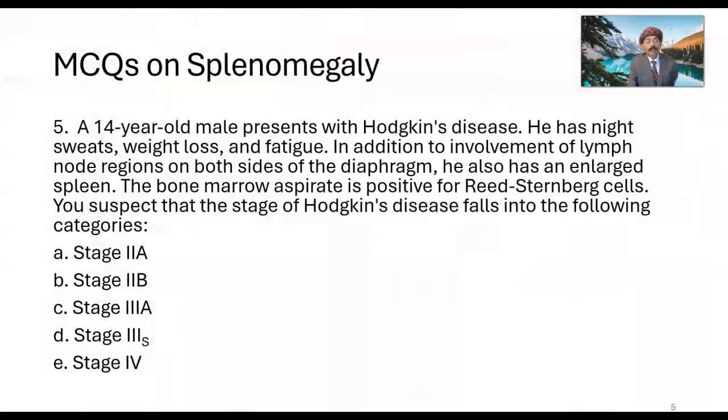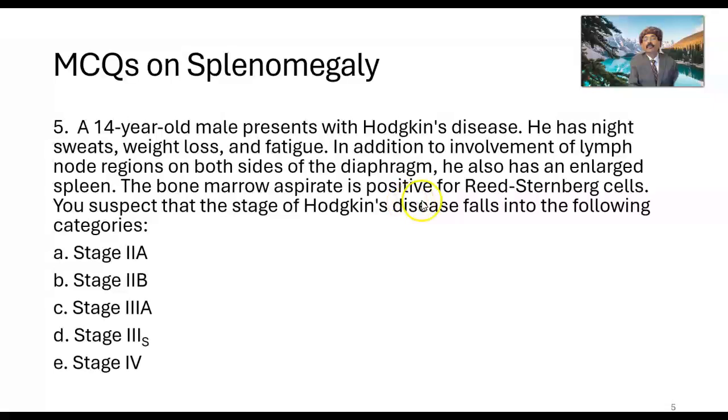Okay. Question number 5. A 14-year-old male presents with Hodgkin's disease. He has night sweats, weight loss, and fatigue. In addition to involvement of lymph node regions on both sides of the diaphragm, he also has an enlarged spleen.